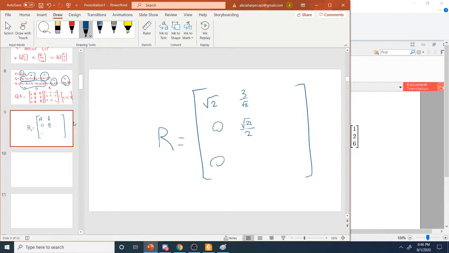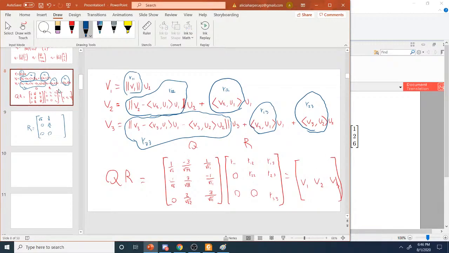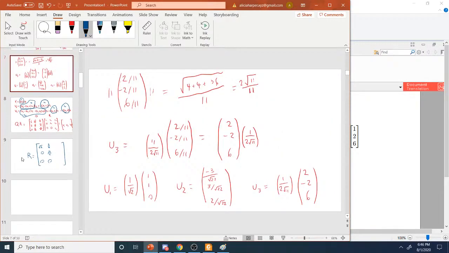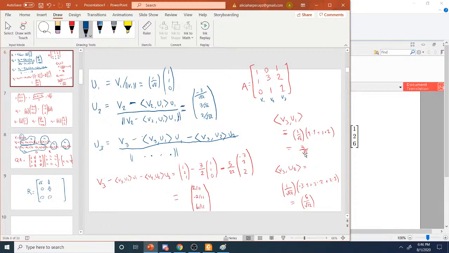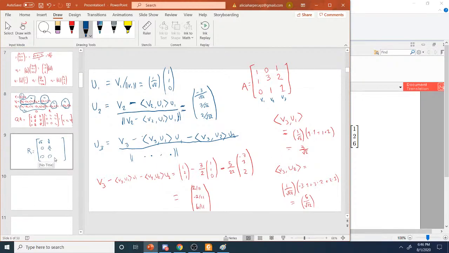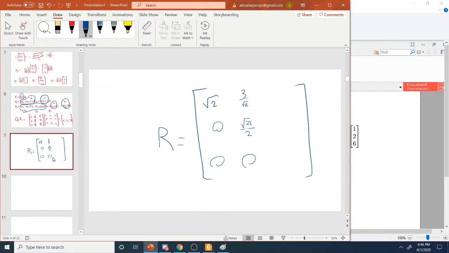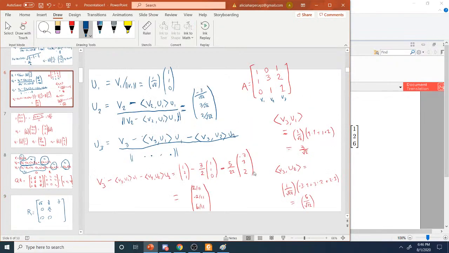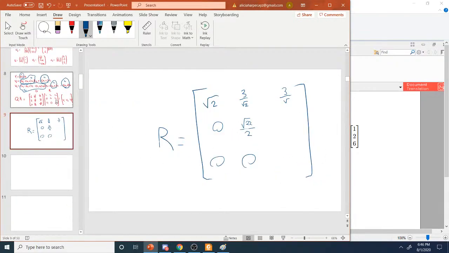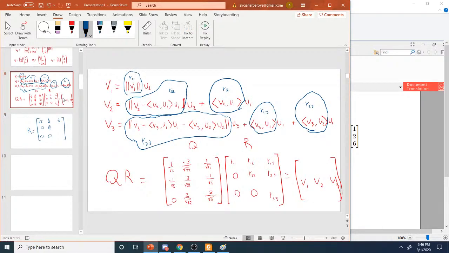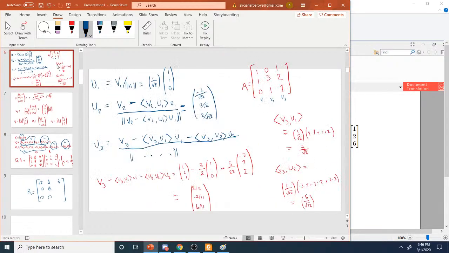Of course, we have 0 here, 0 here, 0 here. And then we can look at what R13 is. Well, we computed R13 right here, and we got 3 over the square root of 22. Or wait, was that 3 over the square root of 2? And then we can look at R23 here, which we know to be the inner product of V3 with U2. And we know that to be 5 over the square root of 22.